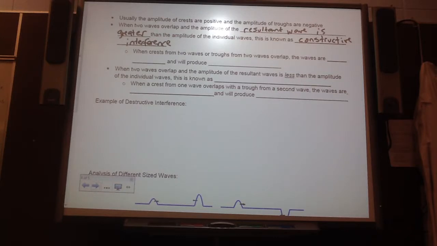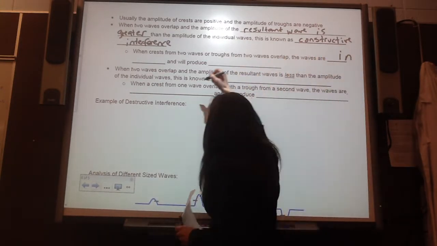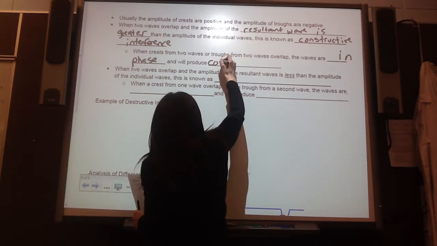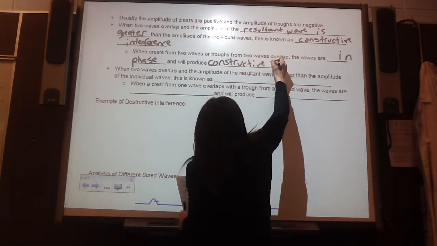When crests from two waves or troughs from two waves overlap, the waves are in phase and will produce constructive interference.